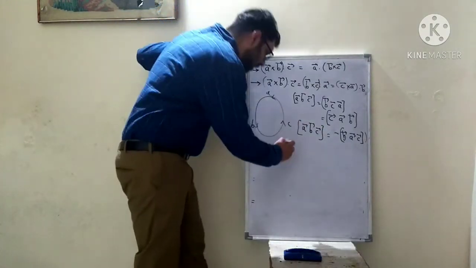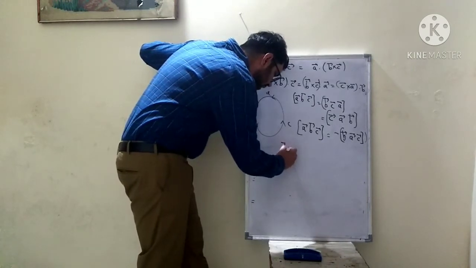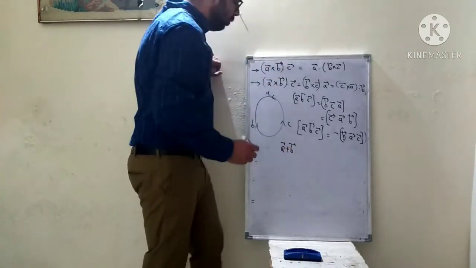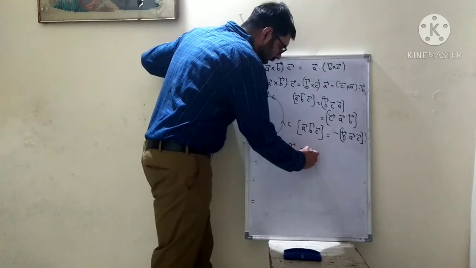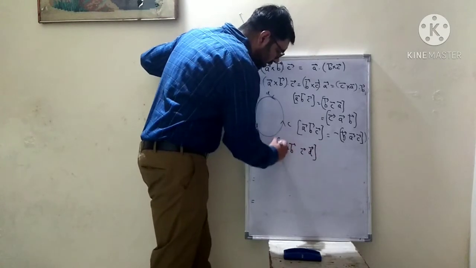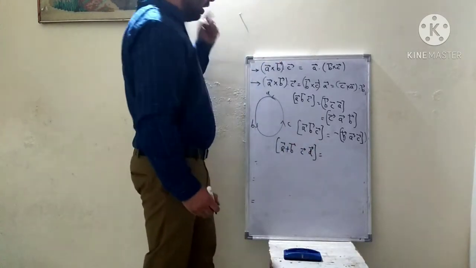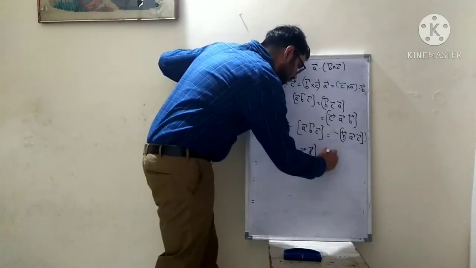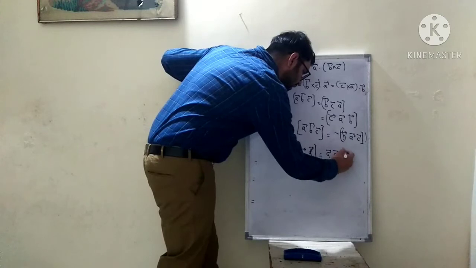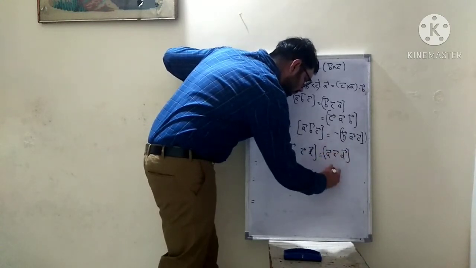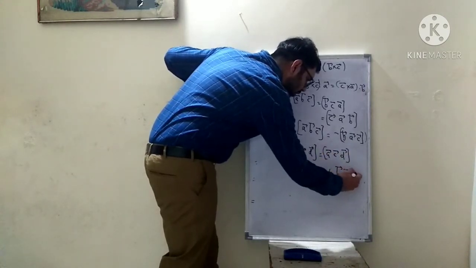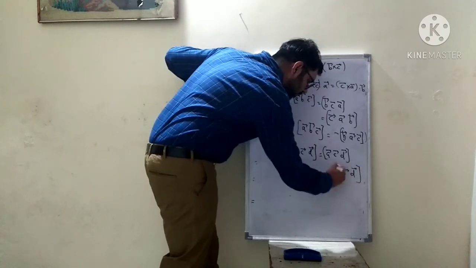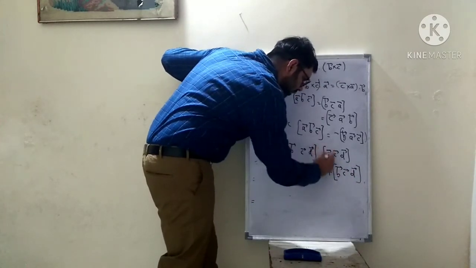Then one more important formula: if in the first vector we have the sum of 2 vectors, A plus B, then C vector, then D vector, this is the box product. So I can split it into a sum of 2 box products. In the first box product we will have A, C, D, and in the second box product we will have B, C, D. Right?